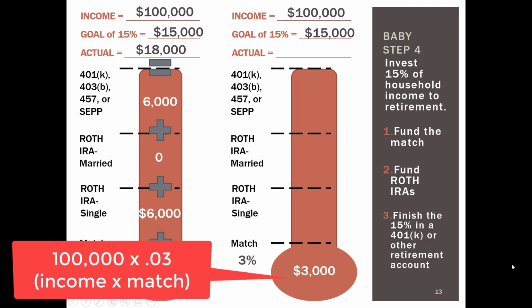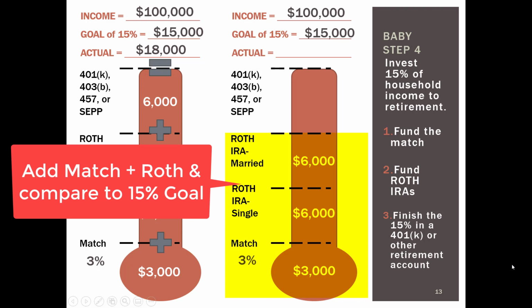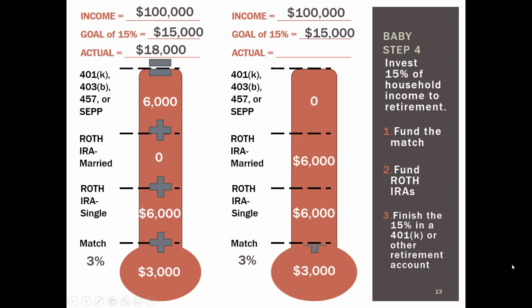Then this time, let's say we're married. So when we're married, I can put $6,000 in for one person and another $6,000 in for the second married person. At this point, I would add up my first three boxes and I am at $15,000, which is my goal. So I don't need to put any money in my last box.